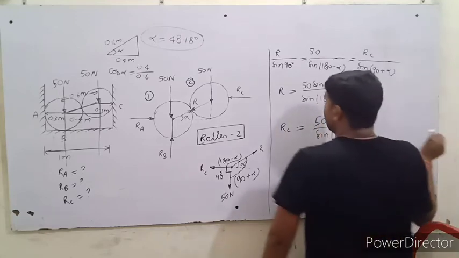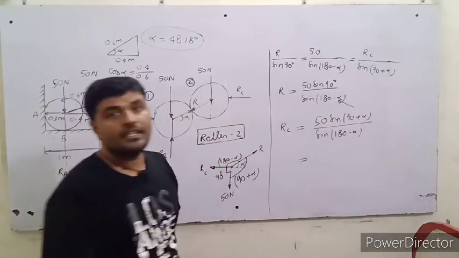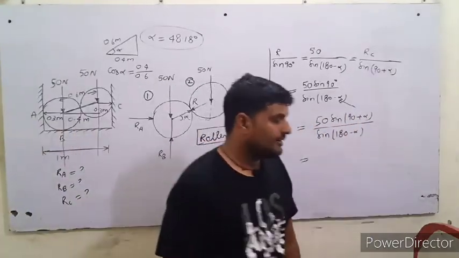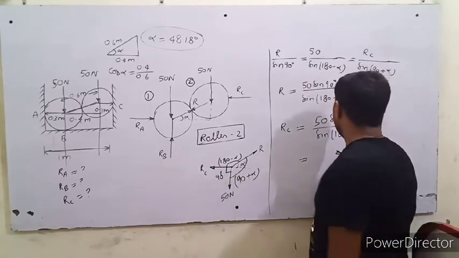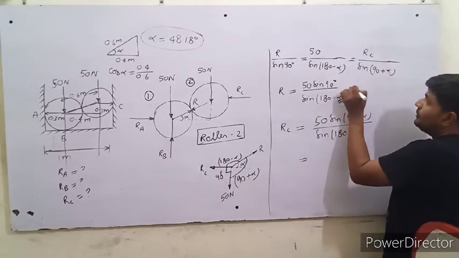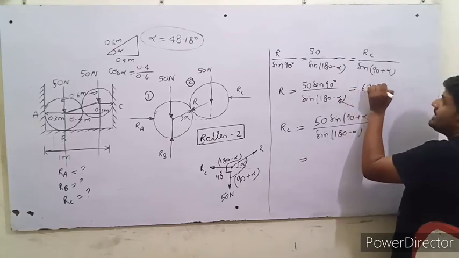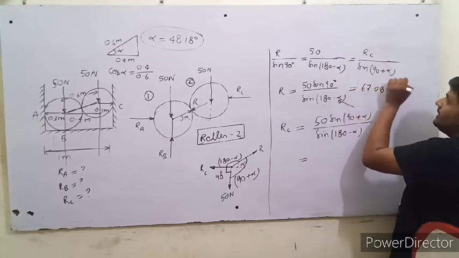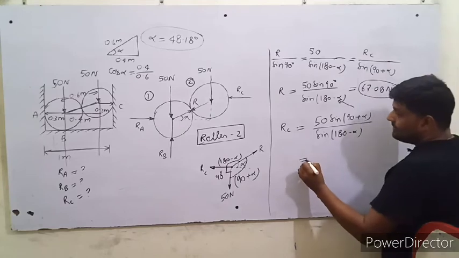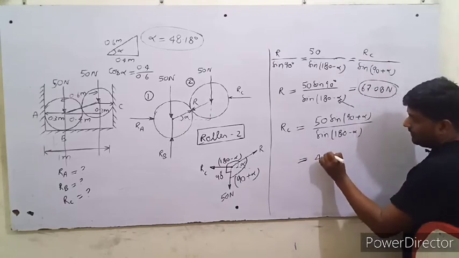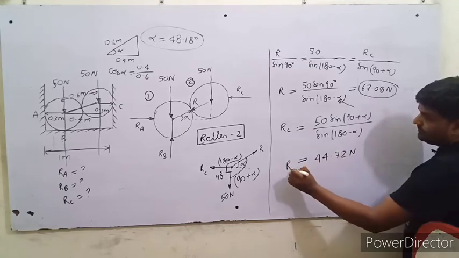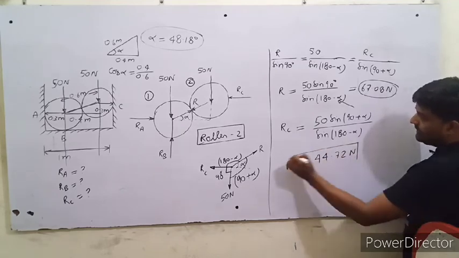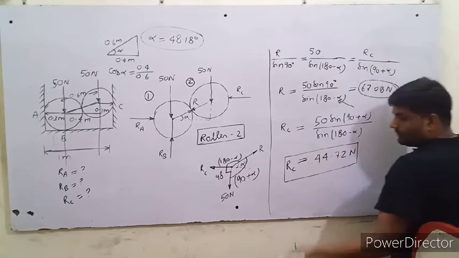After substituting the value of alpha, R will come out to be 67.08 Newton, and RC will come out to be 44.72 Newton.